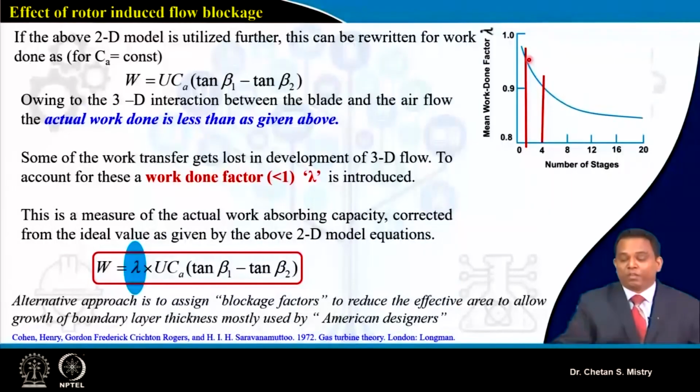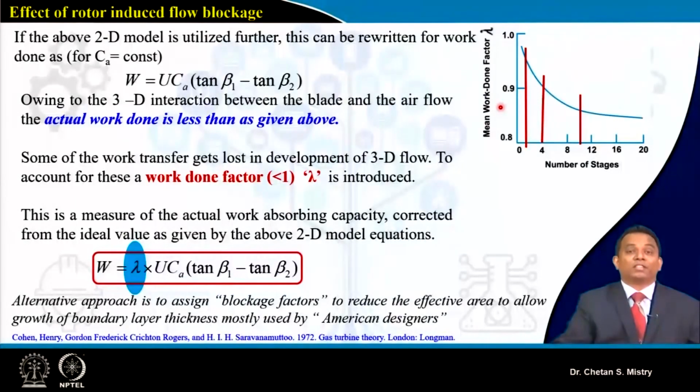Suppose I am designing my fourth stage, I will select my work done factor in the range of 0.9. And if I move ahead, my work done factor will be in the range of 0.86 or 0.85.